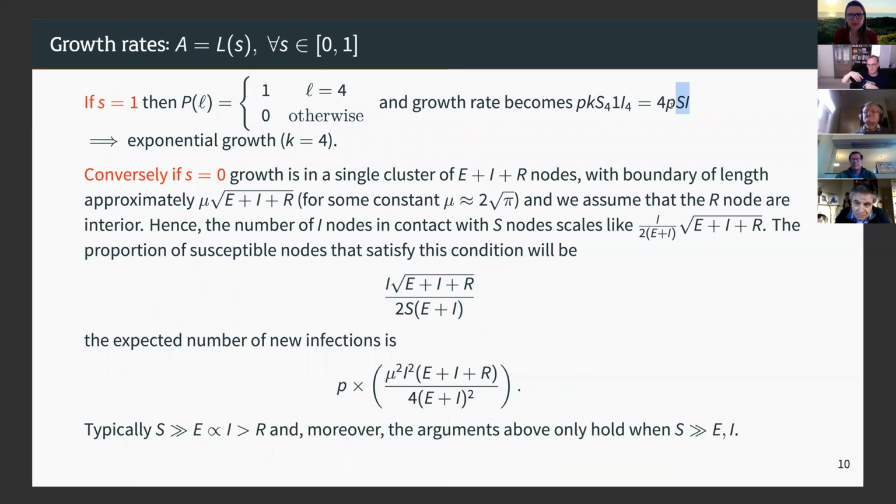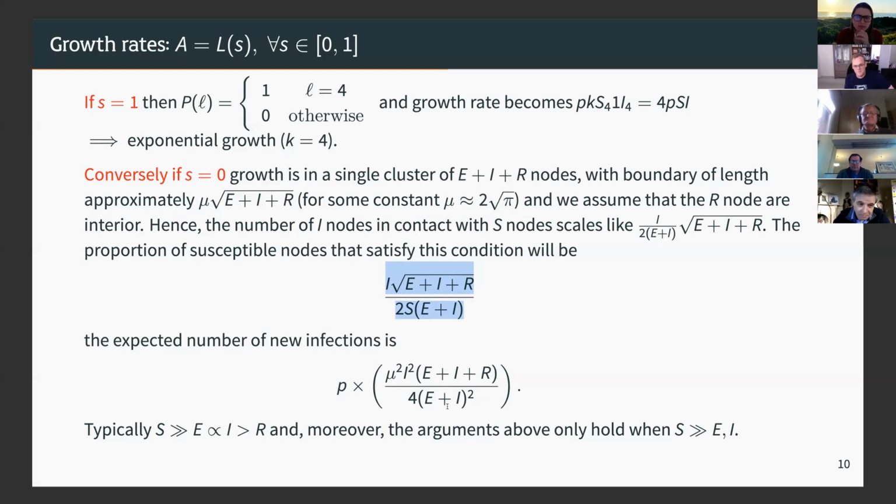And so if we wave our hands a bit and apply a kind of rough counting argument, we've got a cluster of size E plus I plus R. The boundary of that is approximately scaling like the square root of that. I'm then also assuming that it's going slowly enough that all the removed nodes are interior, so the boundary just consists of infecteds and exposed, so some fraction of them are infected, and it's just contact on the boundary between the infected individuals, which have this number, and the susceptible individuals that have contact with them, which have that number.